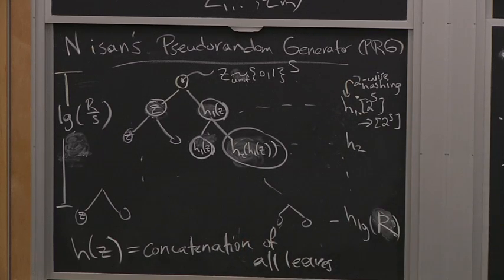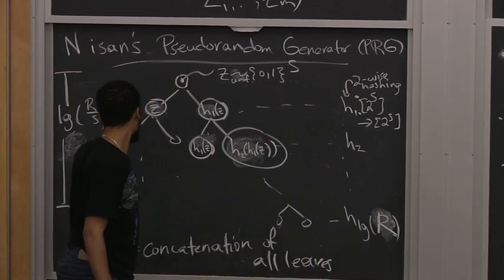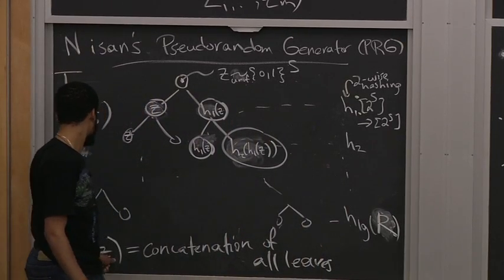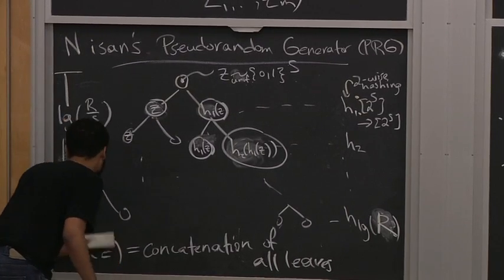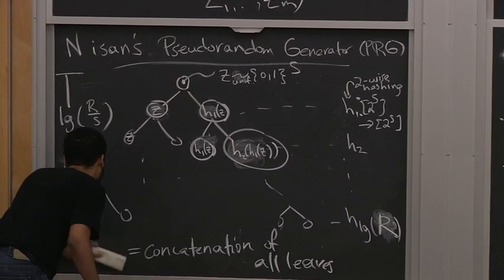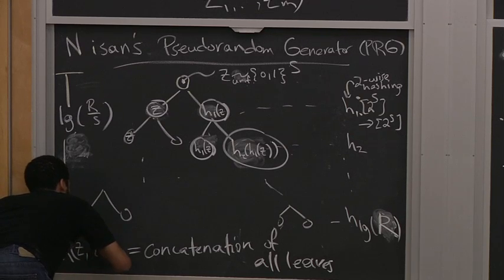Log R. So you have your R random bits. And the total space to store... H takes as input z, but you should really think of H as also taking as input descriptions of all of the h_i's.